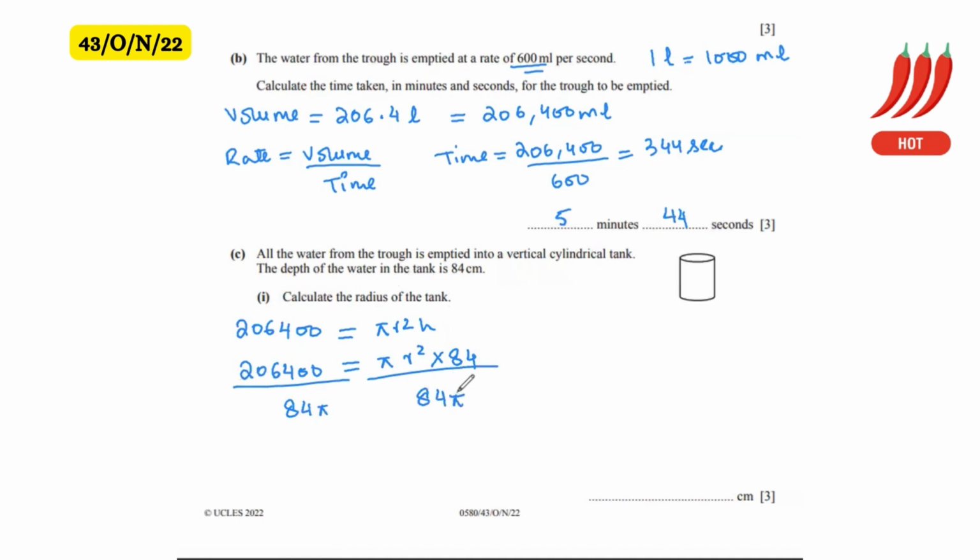And that is going to give us 782.13 equals r squared. Take the square root on both sides. And r is going to be 27.96, which can be rounded to 28 centimeters. That is your radius of the tank.